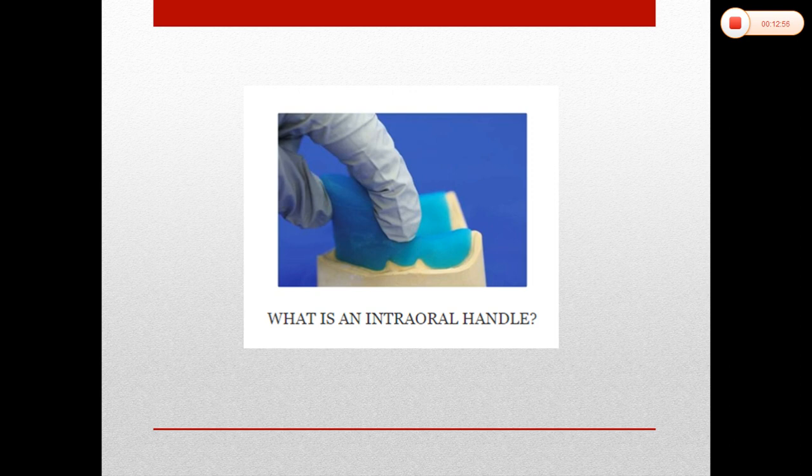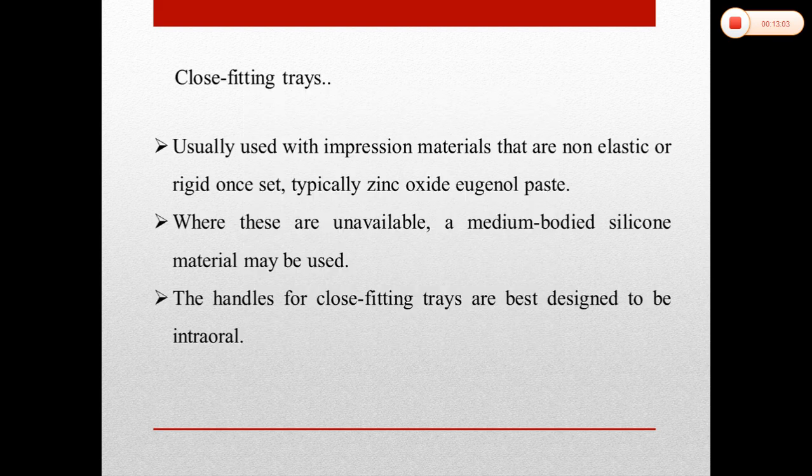And in every special tray, if you have to carry an impression material into the oral cavity and manipulate the impression, you need something to hold with the fingers so that the material can be manipulated properly.